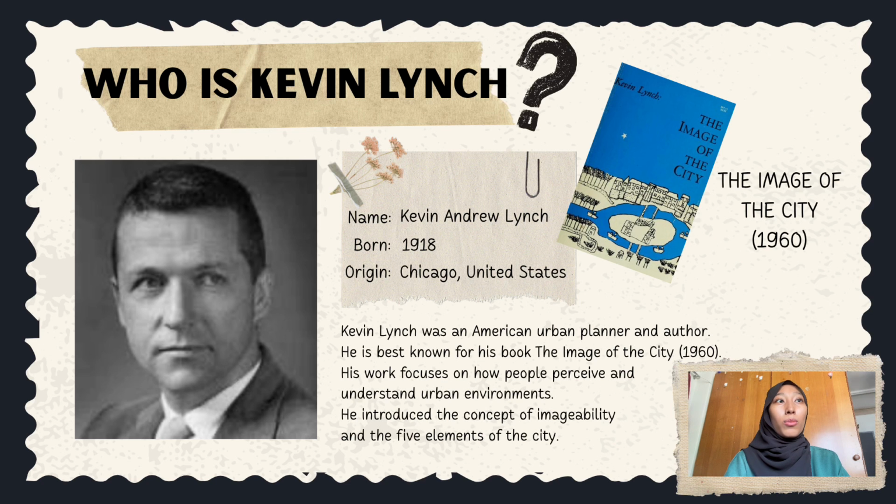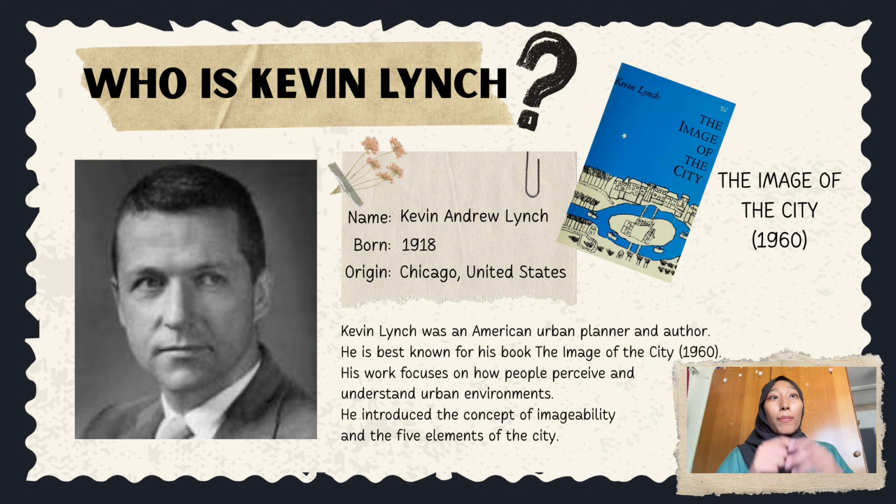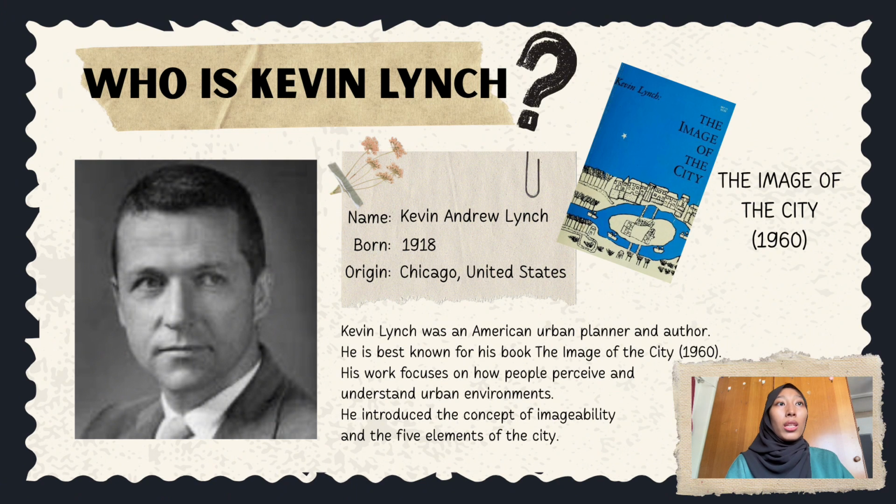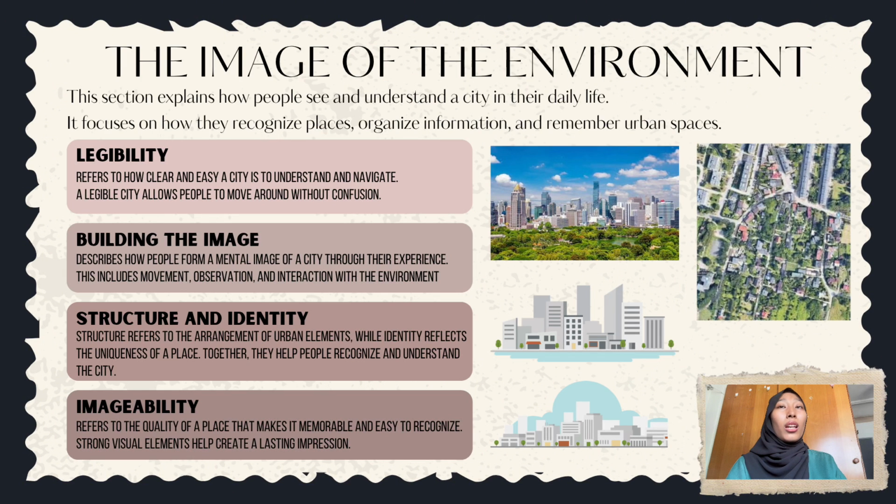His most famous book is The Image of the City, where he explained how people mentally map their cities using 5 key elements: paths, edges, districts, nodes, and landmarks. With all his work, he helps urban designers understand how people experience their environment and how to make a city easier to navigate and memorable.